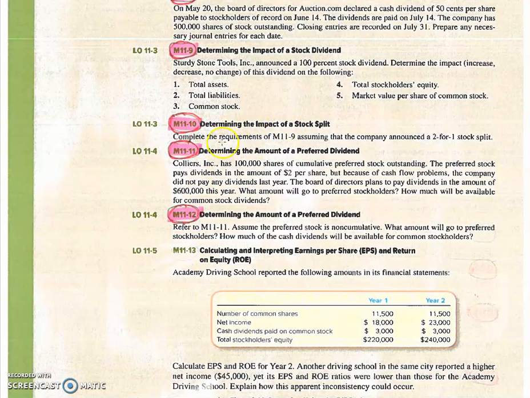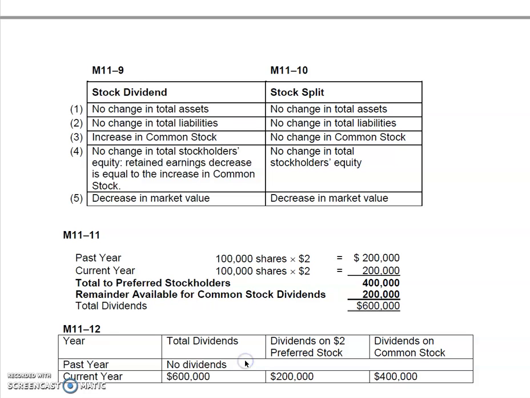Usually it doesn't quite cut in half because the market views that as a good signal when you're issuing a large stock dividend. So there you have no change in total assets, no change in total liabilities, increase in common stock, but no change in total stockholders' equity. Retained earnings decrease is equal to the increase in common stock, and a decrease in market value.